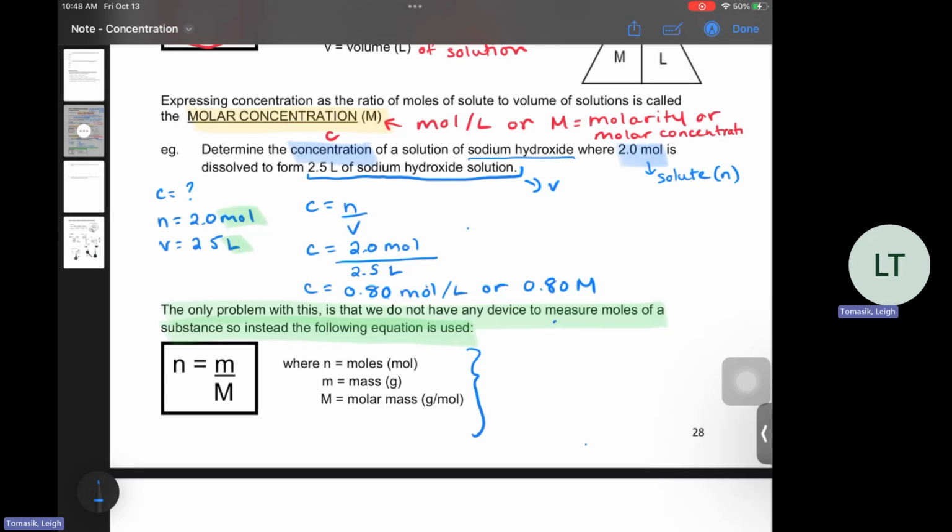So how much sodium hydroxide is 2 moles? We would have to multiply by the molar mass.